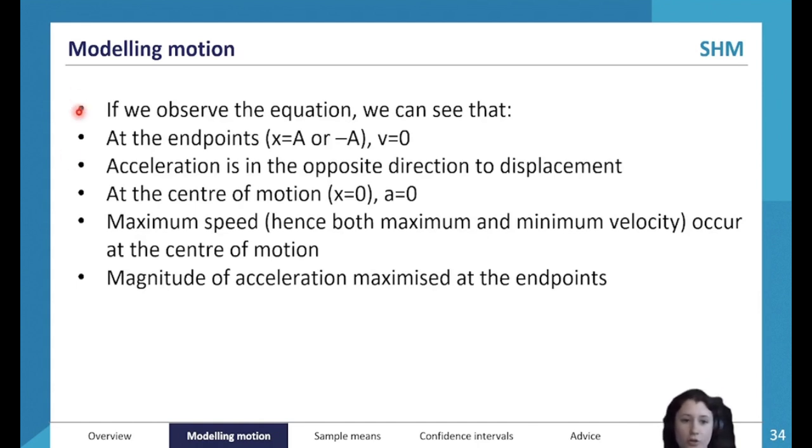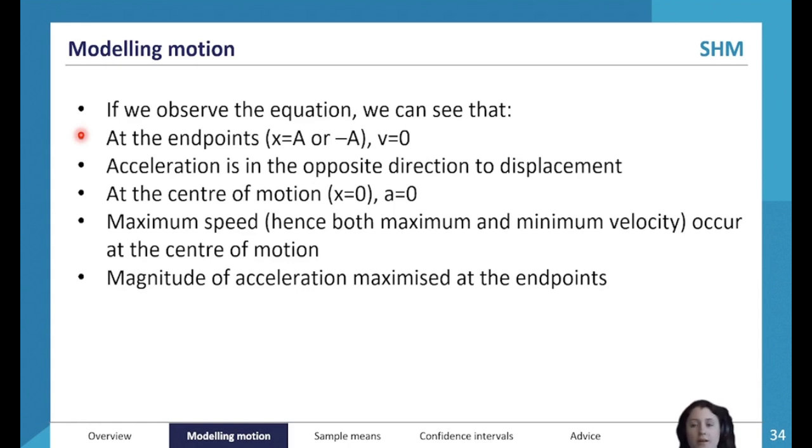Going back to those few properties you need to know. And these ones are really important. They're not on your formula sheet. You need to make sure that you understand them, because if you get a simple harmonic motion question on any exam, you'll almost definitely need to know this. So, at the endpoints of the motion, velocity equals 0.